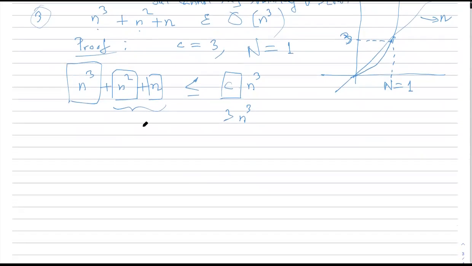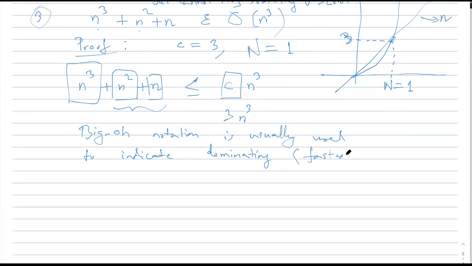Okay. So overall, the point that I'm trying to drive home here is that the big O notation is usually used to indicate the dominating or the fastest growing term.